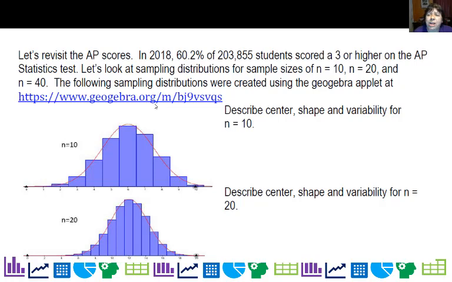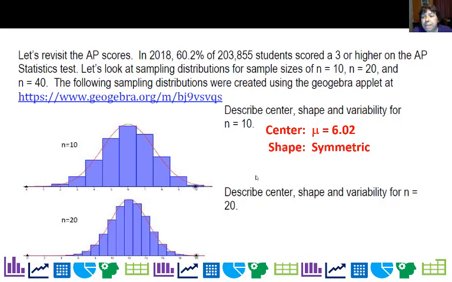So I went ahead and entered in n is 10, and the proportion in this case is 0.602 because it's 60.2%. And this is the distribution it created. So the center is at 6.02. That's assuming, it actually would probably be very close to 6, but about 6.02 would be the expected value.